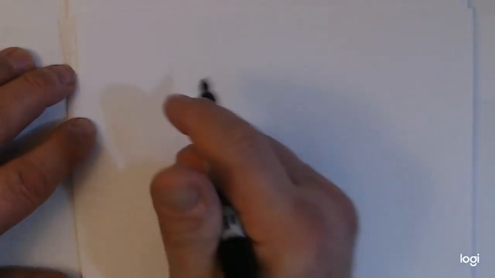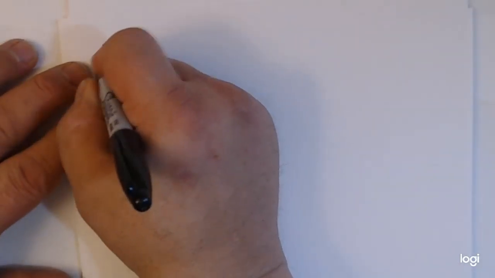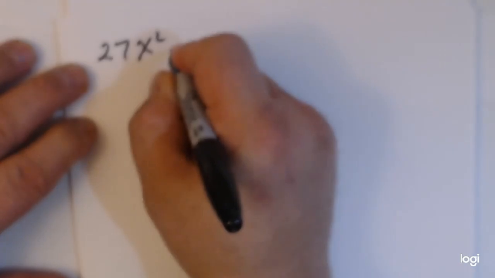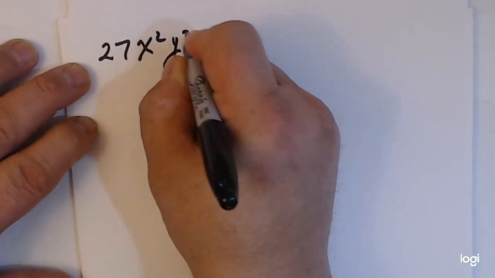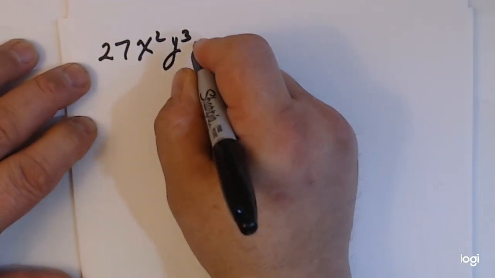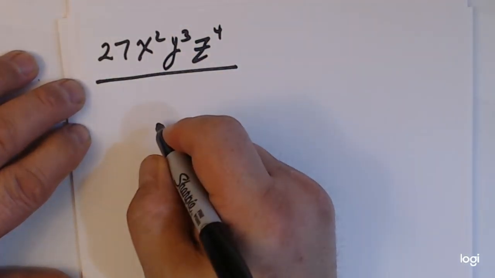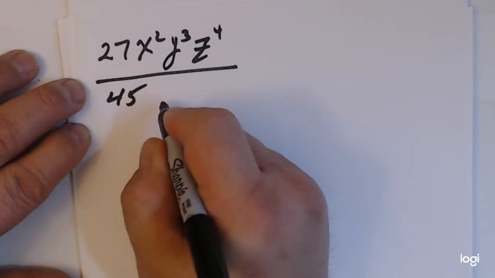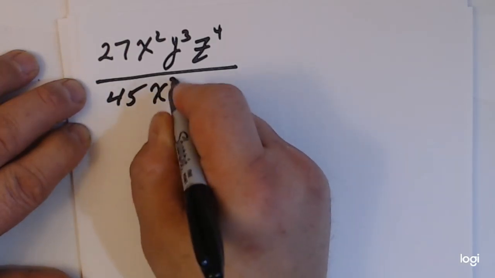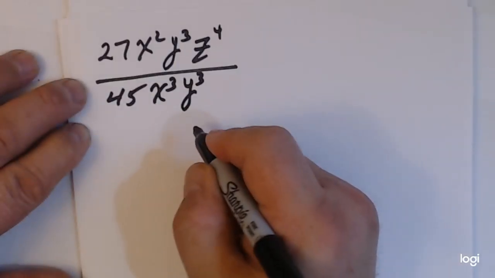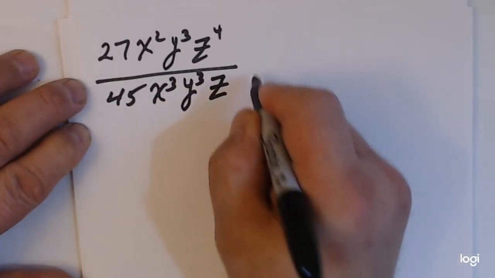Okay, how about 27x squared y cubed z to the fourth over 45x cubed y cubed z.